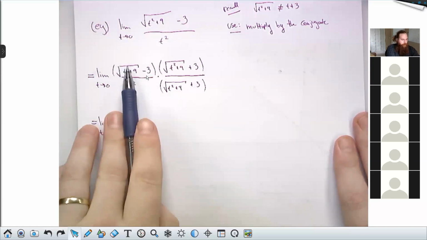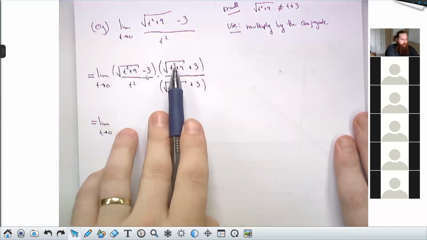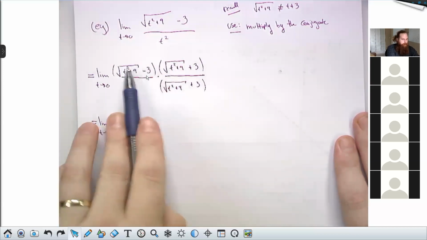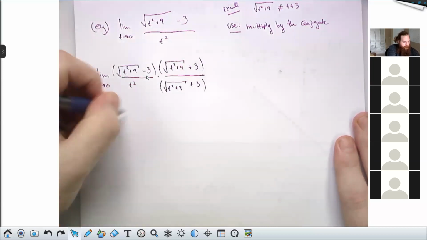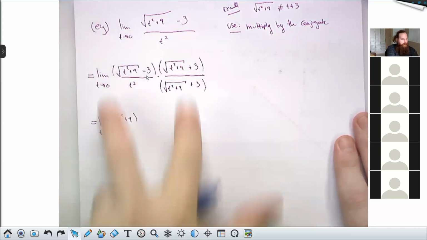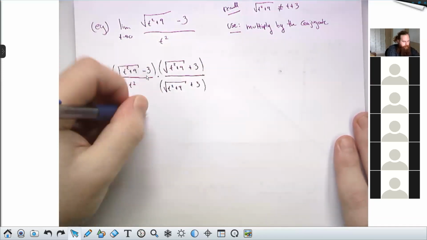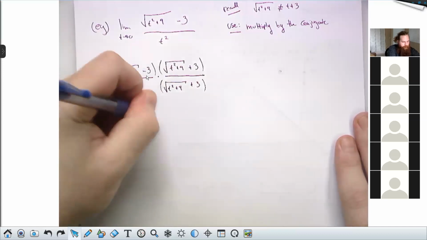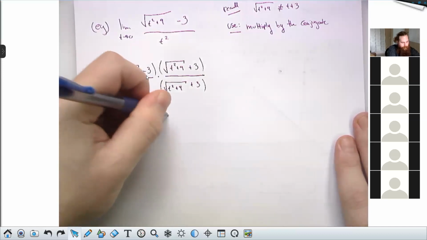The square root of t squared plus 9 times the square root of t squared plus 9, those are my firsts. That's just t squared plus 9. Then my outers, that's 3 times the square root of t squared plus 9.